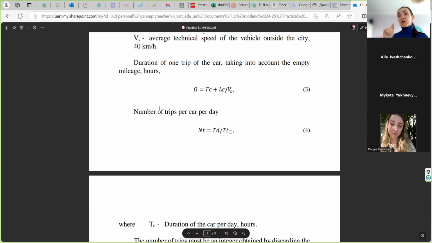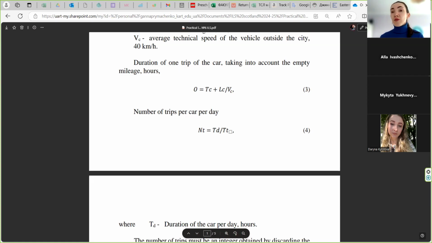We remember that from point A to point B it is a loaded car on the road, but in the other direction, from point B to point A, it is the empty mileage. So we also need to find it and use it in our time and money parameters.